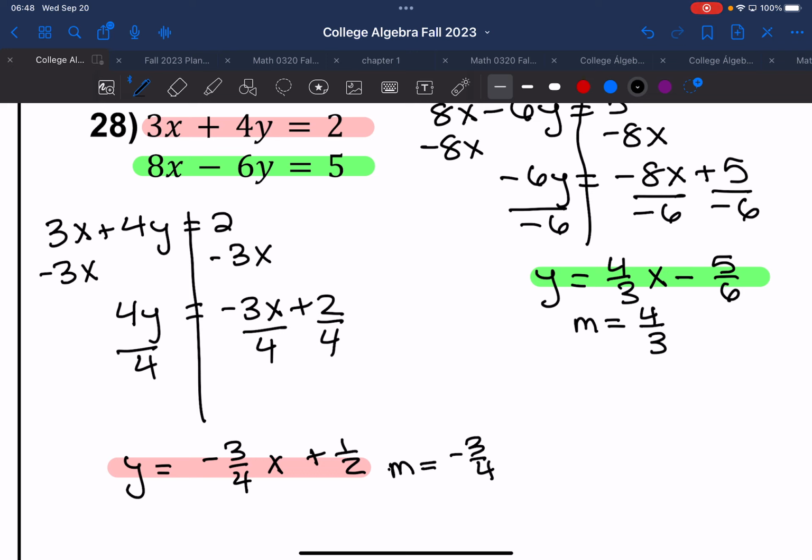Now let's check to see if we take the opposite reciprocal of that first slope and get the second slope. Opposite of negative would be positive. And what's the reciprocal of 3/4? 4/3. Since these match, that means we have perpendicular lines.